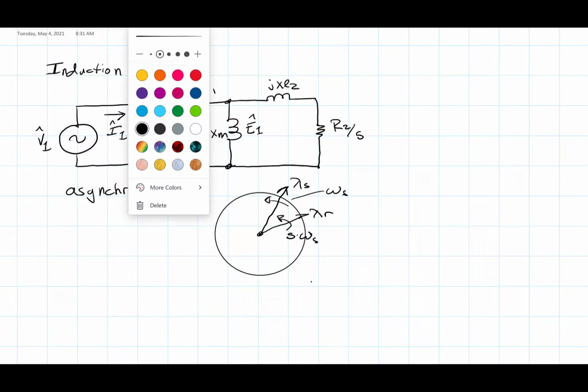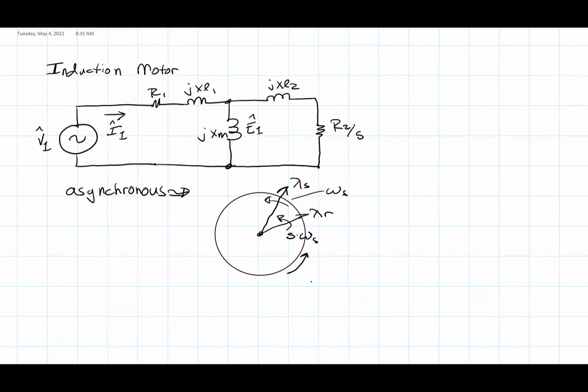The result of this is that the rotor itself will not travel at the synchronous speed, but at a speed that is the difference between these two speeds: the synchronous speed minus the slip speed, or 1 minus S times the synchronous speed.